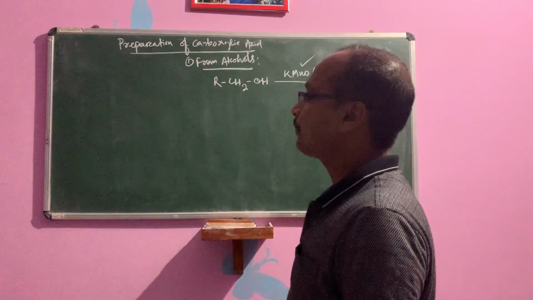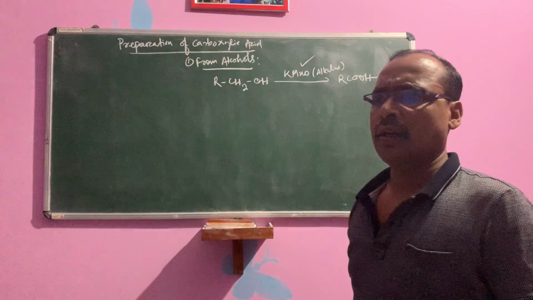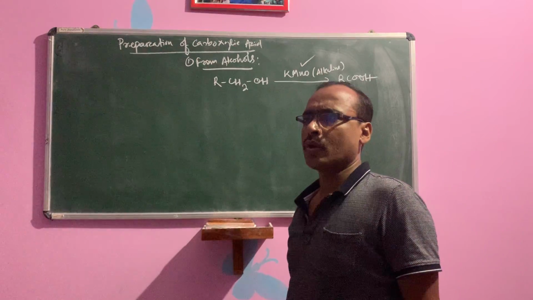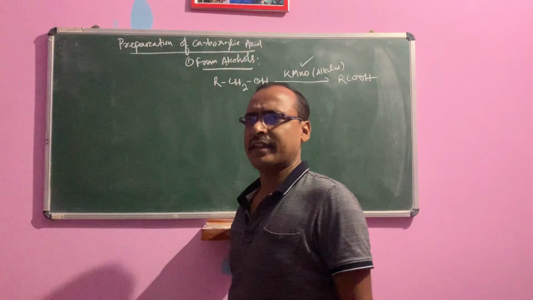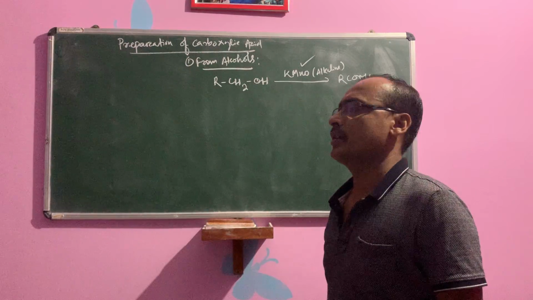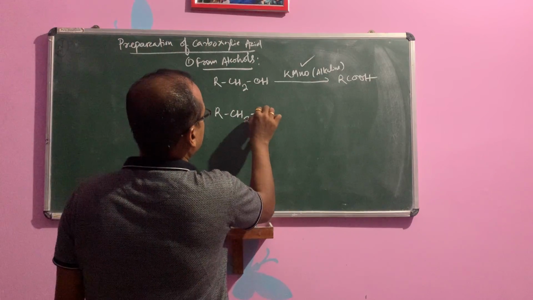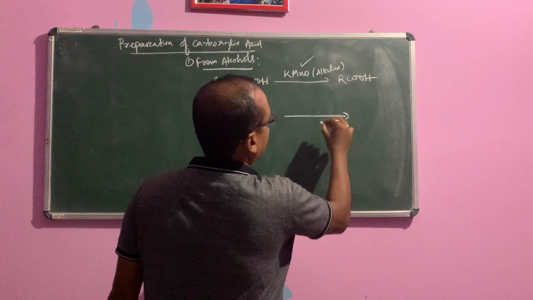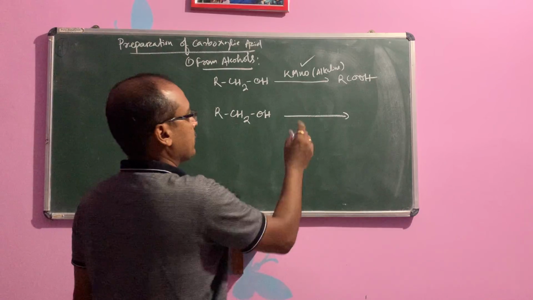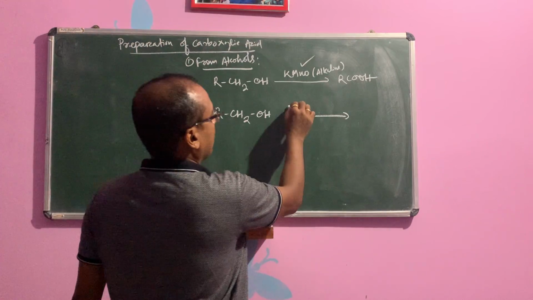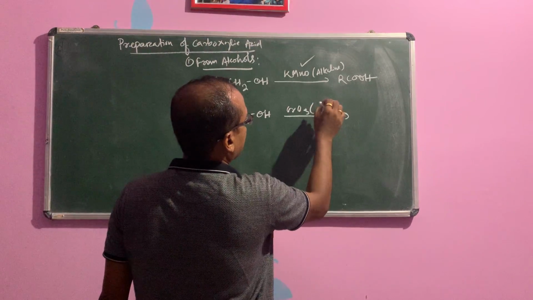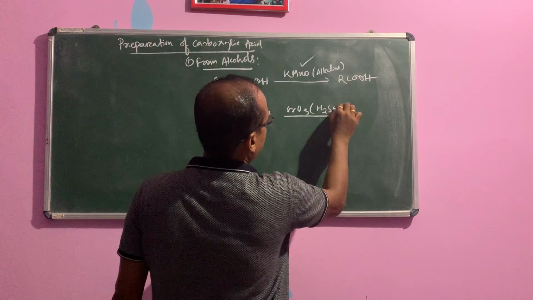Carboxylic acid. Also, there is another type of reagent, that is Jones reagent, acidified chromic oxide. If you use Jones reagent, that is acidified chromic oxide, CrO3 in presence of H2SO4, this is important.